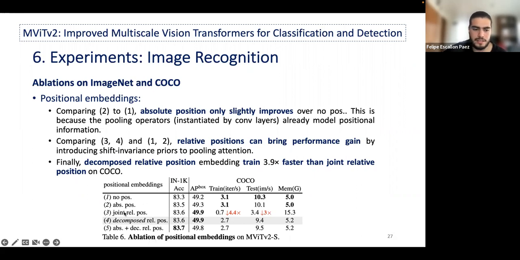Here we can see that actually that's not completely true, because they have a better performance with no positional embeddings or absolute positional embeddings, in terms of performance, than with joint relative position, positional embeddings, and the decomposed one.